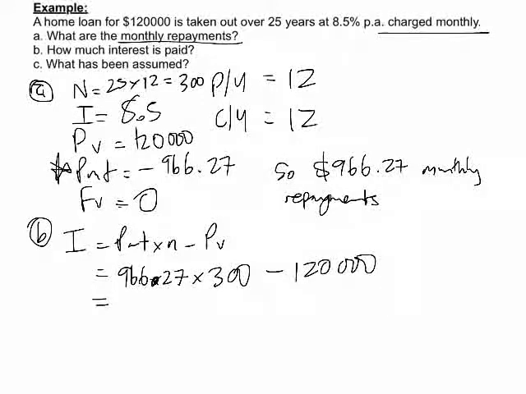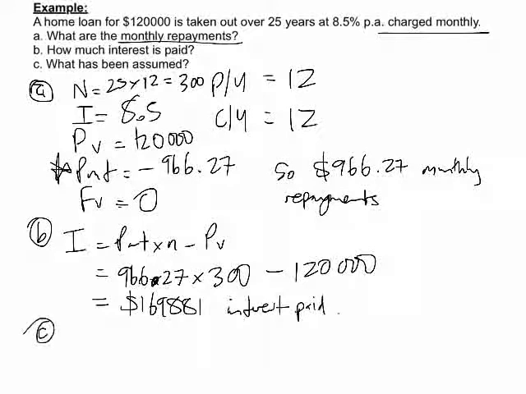So if I grab the calculator, 966.27 times by 300 minus 120,000. That's going to be 169,881 interest paid.